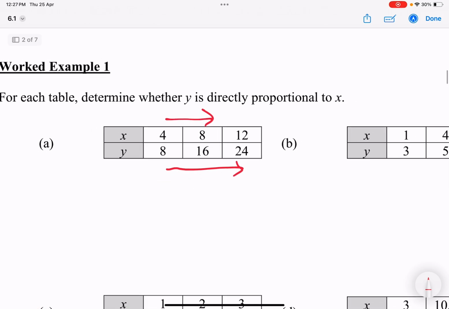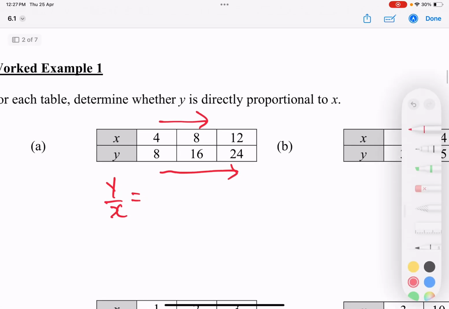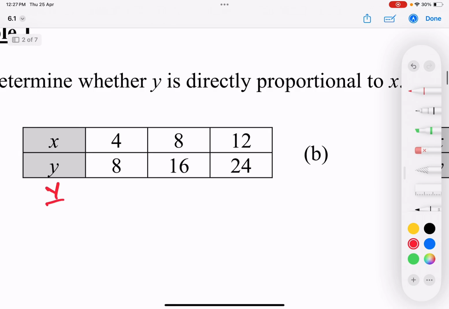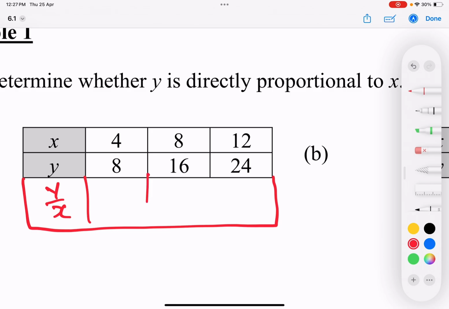So we know that if they are directly proportional, the y divided by the x must be the same. So how do we prove that it's directly proportional? All we need to do is below this table, can you write a new y over x? Okay, let's calculate for this new y over x.